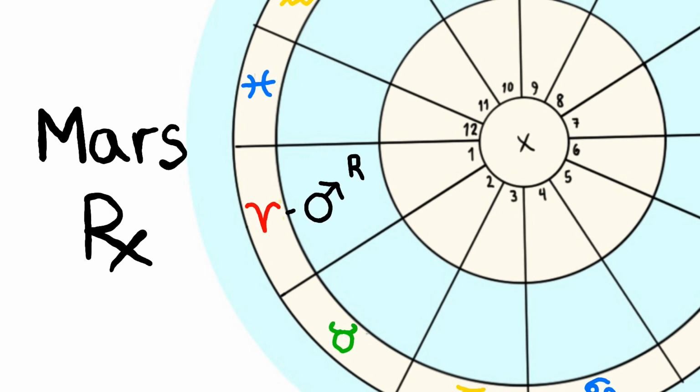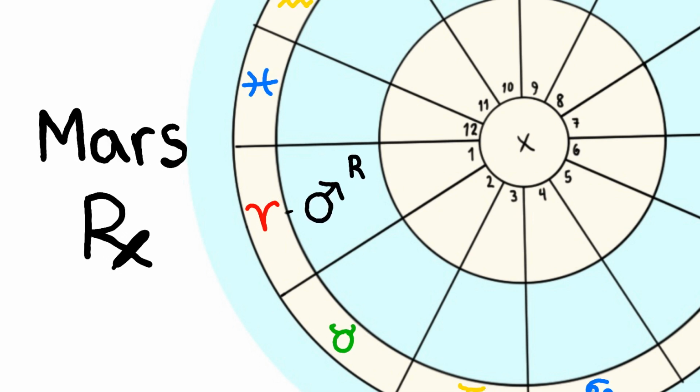Mars is the planet of action, the planet of impulse, and can be about desire as well and how we pursue things. Generally speaking, it's about agency and how we accomplish things. So having Mars retrograde can show a difficulty with productivity, taking action, and getting where somebody wants to be in life, or getting things accomplished.